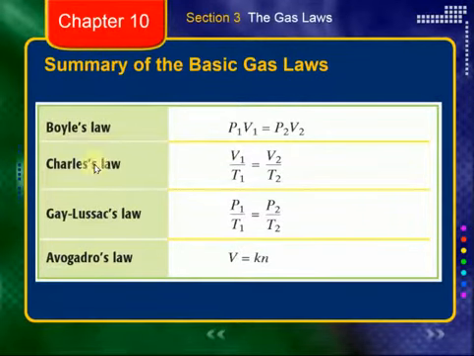But we have Boyle's law, Charles' law, and Gay-Lussac's law, and so we have an inverse relationship up here for Boyle's law, and we have direct relationships for Charles' law and Gay-Lussac's law. So one thing that can be helpful for you to remember: if it's an inverse relationship, we're actually multiplying our terms. If it's a direct relationship, we are actually dividing our terms. That can be a very useful thing for you to remember.